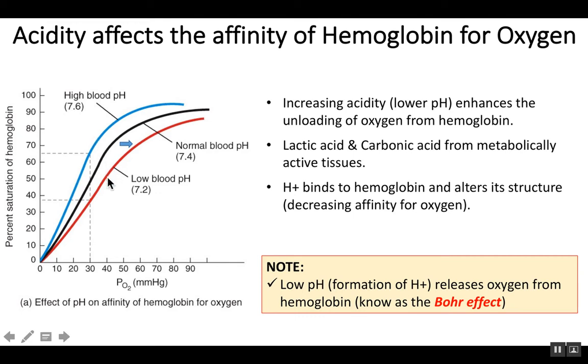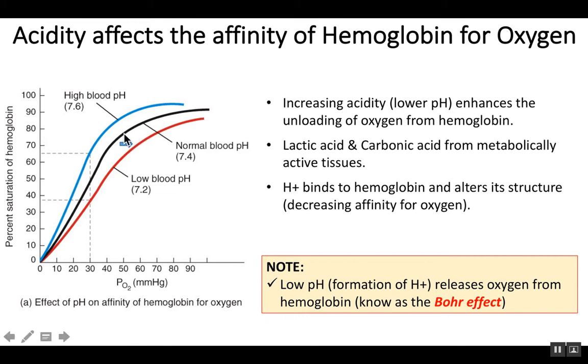So the Bohr effect is when you have hemoglobin in a low pH, it releases oxygen. So if you look at the graph, let's just look at one of these numbers here, 50. If you've got 50 millimeters of mercury in a tissue that's 7.4 pH, the saturation is going to be over 70. So a lot of that oxygen is going to attach to the hemoglobin.